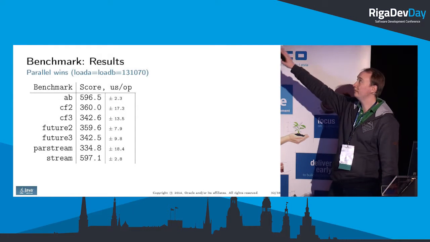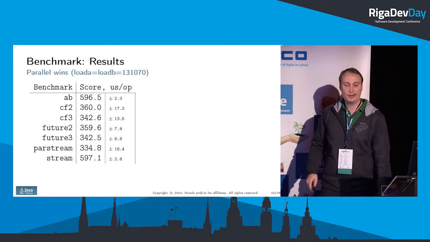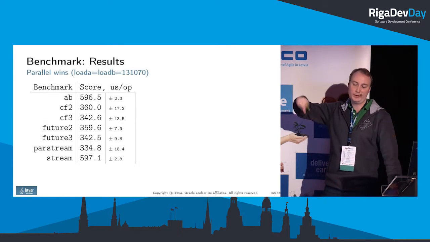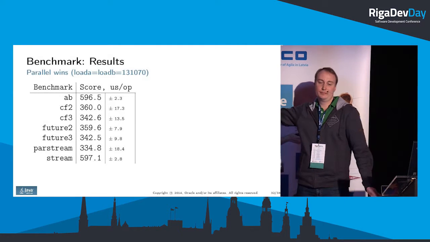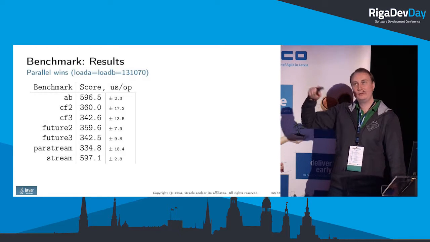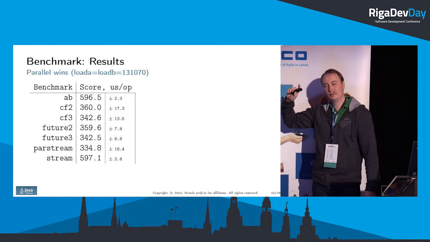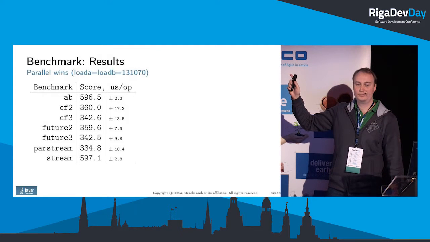A times B is about 600, and CompletableFuture with thenCombine and thenApply is 342. That's good, because lower is better, and this is the score in microseconds per operation.